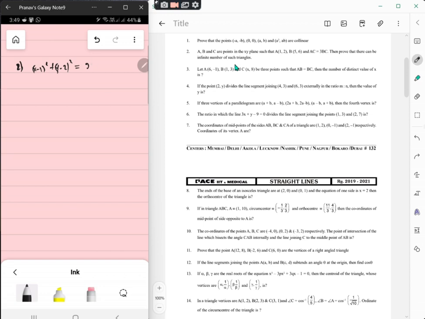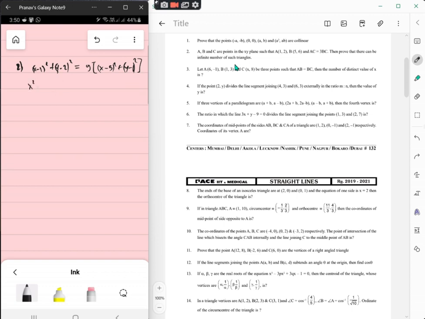So 9 times, or we could say, so this is the eraser, I think. So what is 9 times BC squared? What am I saying? So it's going to be what? Now let's just use 9. 9 into (x - 5)² + (y - 6)². Okay, cool. And let's just expand this.